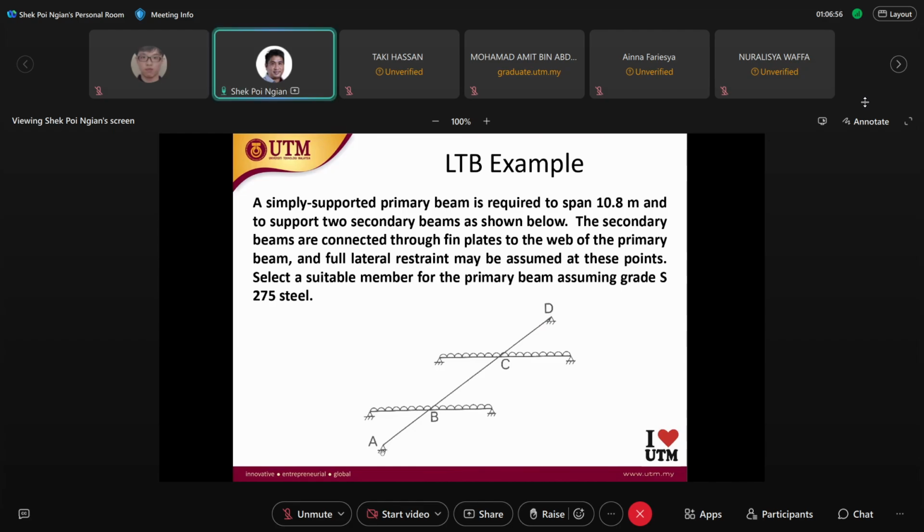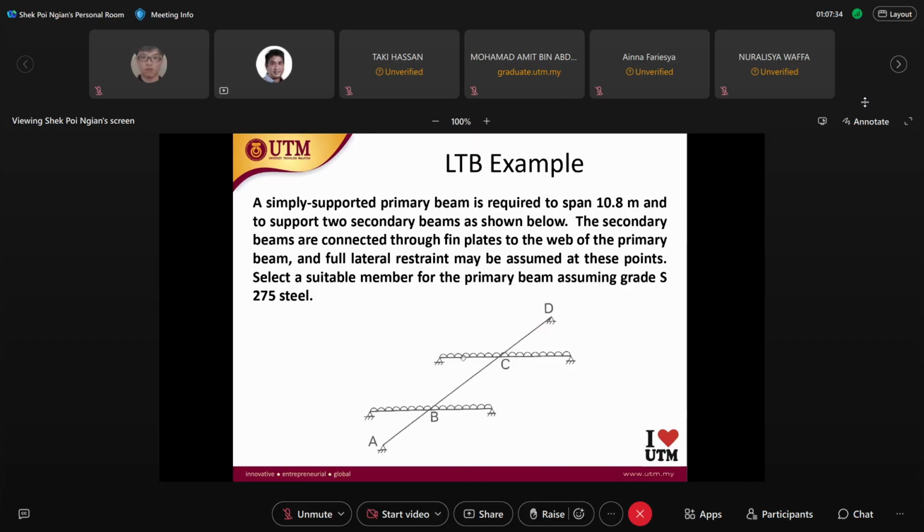Select a suitable member for the primary beam assuming grade S275 steel. So we have a beam here, ABCD, and we want to design this beam. This beam is 10.8 meters in length with two intermediate restraints at points B and C. So our buckling length for beam ABCD can be divided into three segments, AB, BC, and CD.